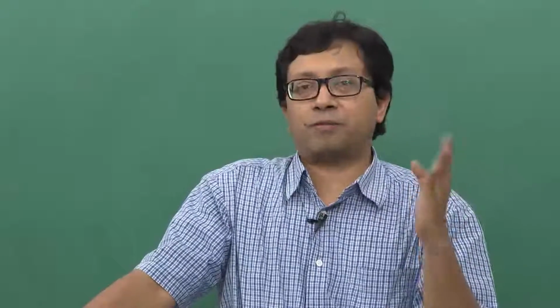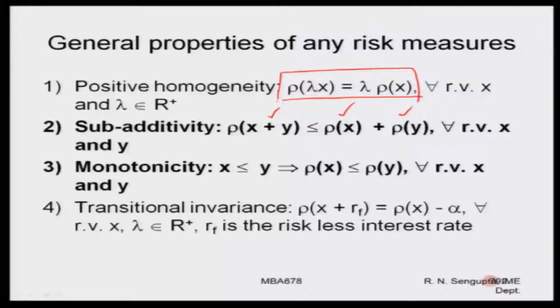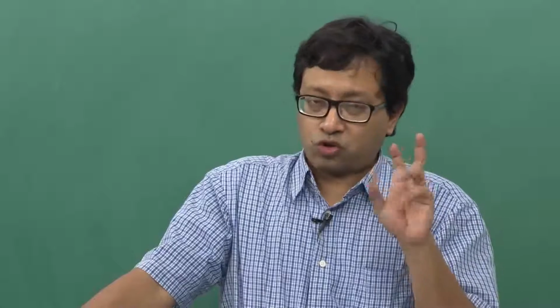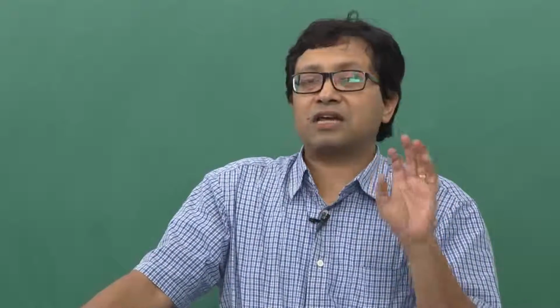This property also does not hold true for VaR, standard deviation and variance if you consider any non-normal distribution, but it holds for CVaR even with a non-normal distribution. That is why, if you see points 2 and 3 on the slides, they are marked in bold, which means these two are very important properties which should hold for any risk measure, but they do not hold for VaR in case the distributions are non-normal.